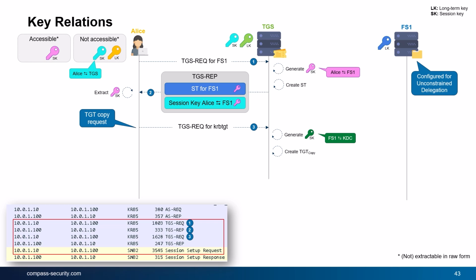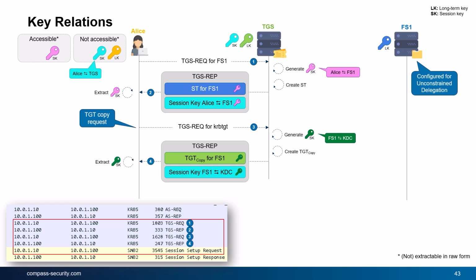Then this will be sent back to our client. So we have another message, a TGS-REP, containing the copy of the TGT and the session key belonging to that TGT, again encrypted with the previously established key. At this point, the client will extract this session key, and since this session key is also associated with a TGT, it will not be accessible to us, so we cannot get access to that directly.